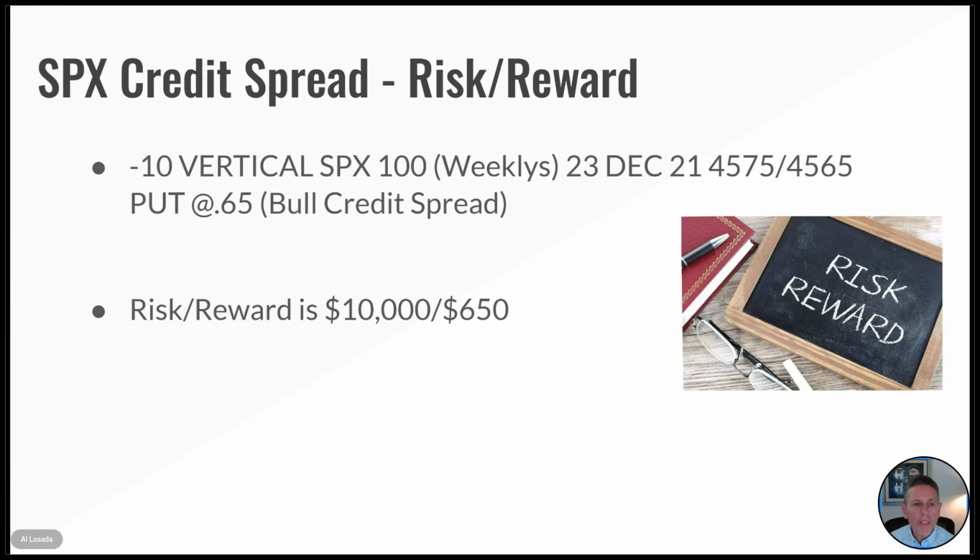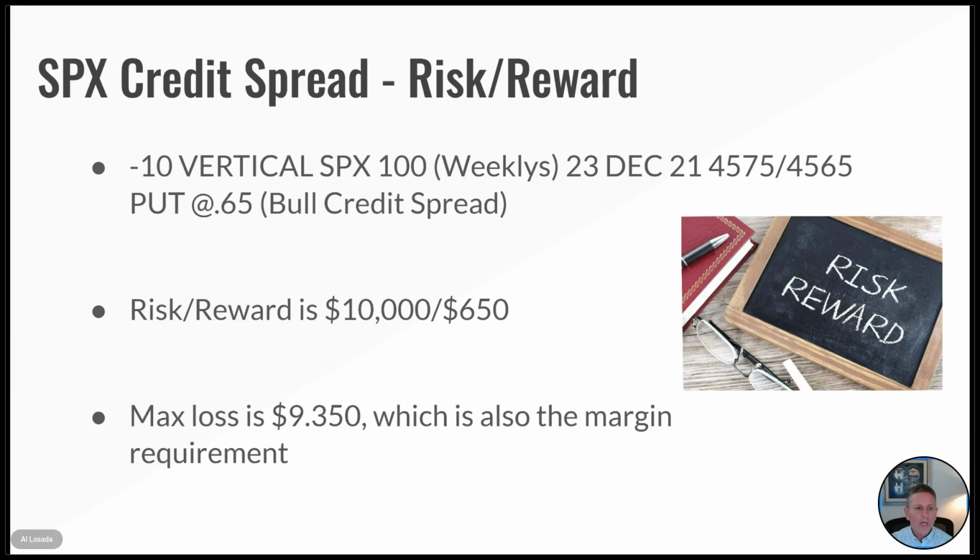The risk reward, if you're placing a 10 contract, right, you'll get $650, and the risk reward is pretty bad. Okay, so that's what happens in a credit spread. And so the max loss is $9,350, which is also the margin requirement. Okay, so you have to give to get.